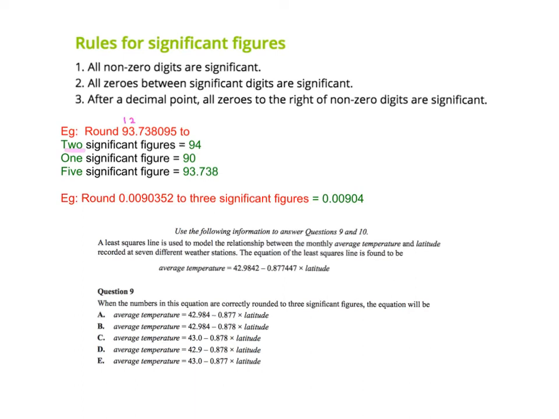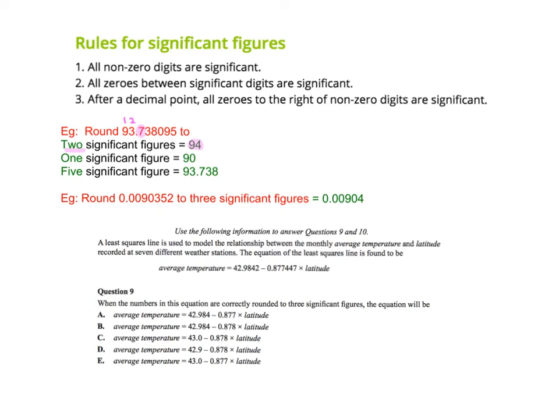So 1, 2. Once you've got to the 2, you have to look at the third and decide whether that second one would be rounded up or rounded down. Because it's a 7, it rounds up to 4. So you can see 2 significant figures would be 94.